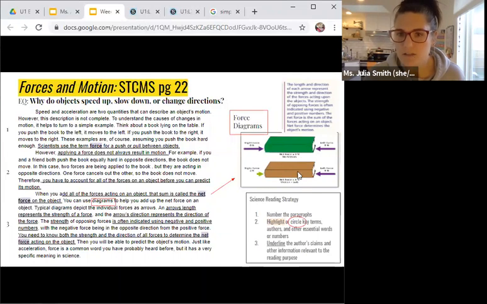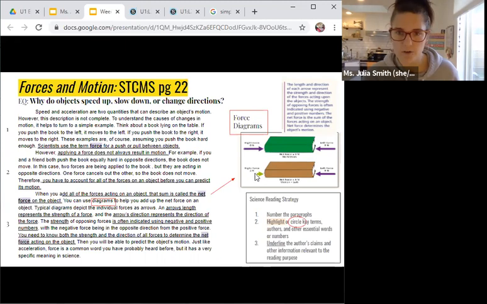This brown box or book here, you have clearly a stronger force on one side than the other. And so we can tell right away that this book is going to move to the left because this force is stronger than this force. And we can determine by how much it's going to move by looking at our force measurements.